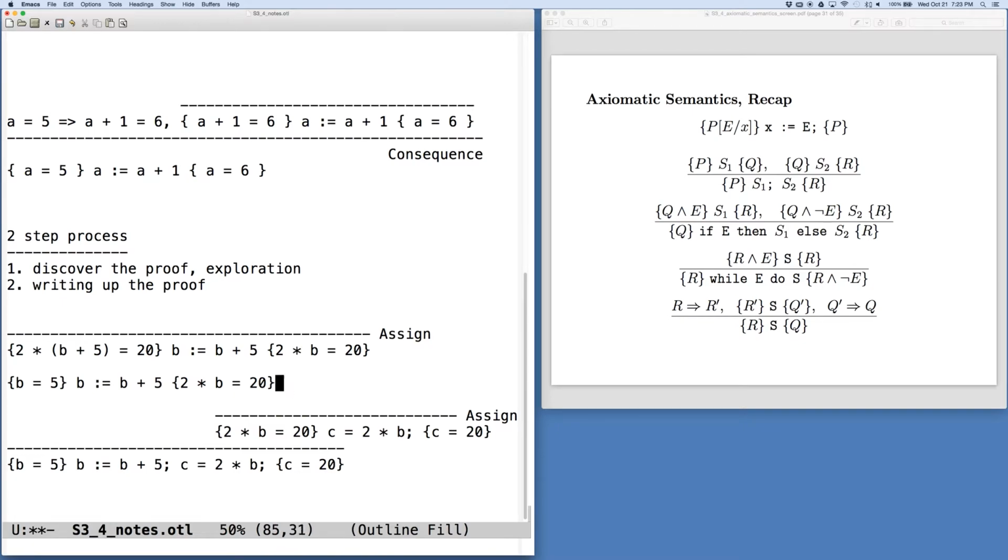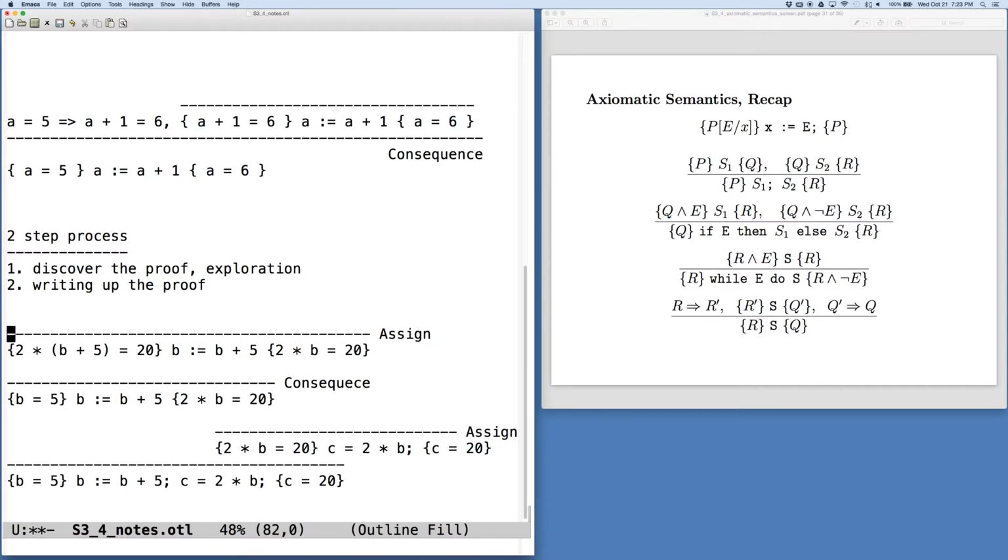Right? But that's not quite what we need at this point. So what we really need to do now is make an application of the rule of consequence. And so it's going to be this piece, as well as something that strengthens the precondition. Right? In this case, we don't really strengthen it at all, so much as we see that the r and the r prime that we see in the rule are going to be the same.